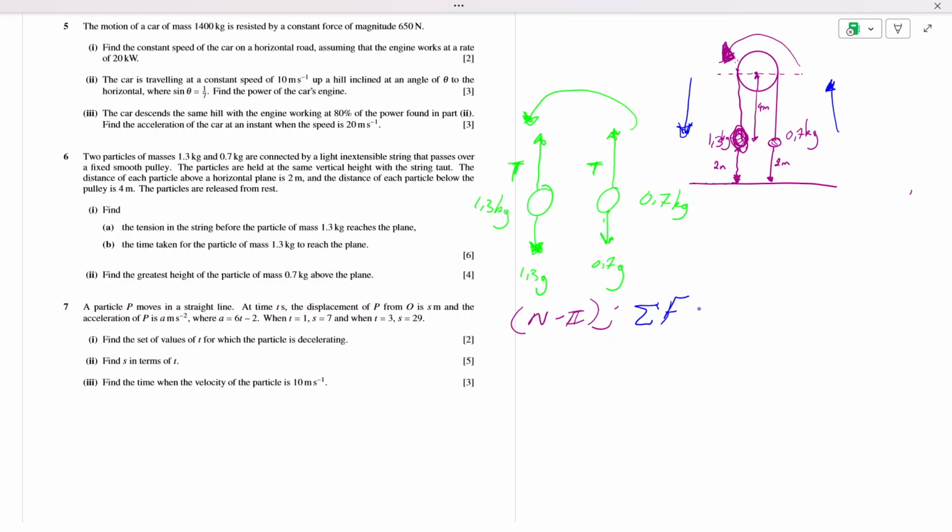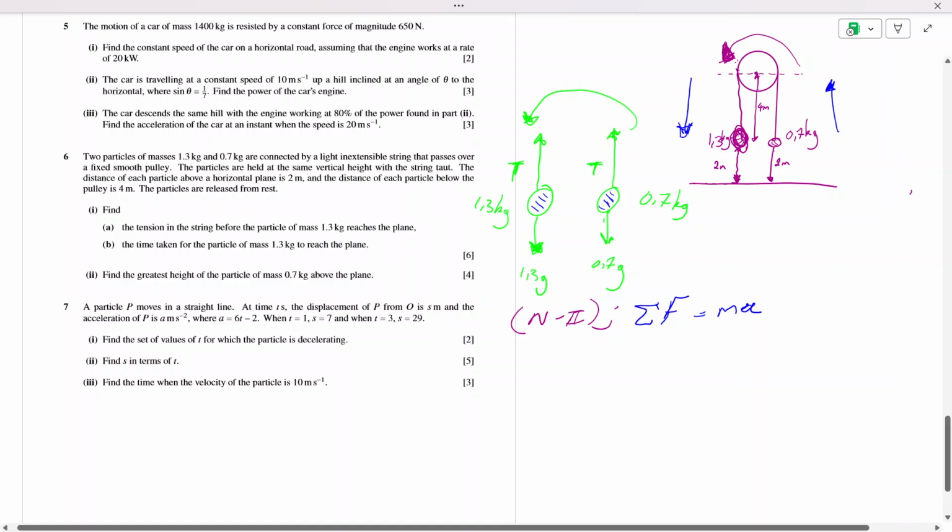So the summation of the forces acting on the particle is going to be equal to ma, mass times acceleration. We're going to have an acceleration. So I'm going to form two equations using these two, the 1.3 kg and the 0.7 kg, right? I'm going to form two equations using the forces that are acting on them from Newton's second law.